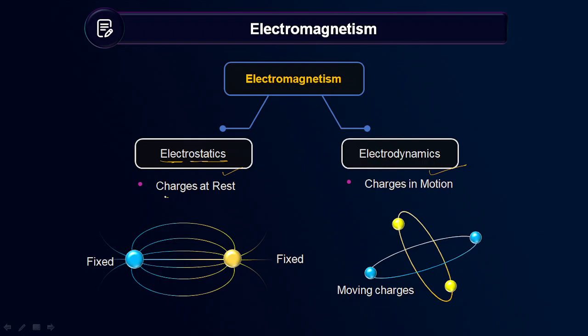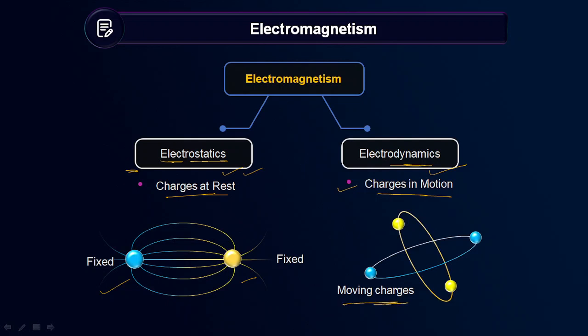So we study the behavior of charge which is at rest under electrostatics, and when we study the behavior and properties of charge or its effect when charge is in motion, that comes under electrodynamics, right? Here you can see the two charges are fixed, and whatever effect is there due to the fixed charges, we will analyze in electrostatics, and when charges are moving, we will study that in electrodynamics.